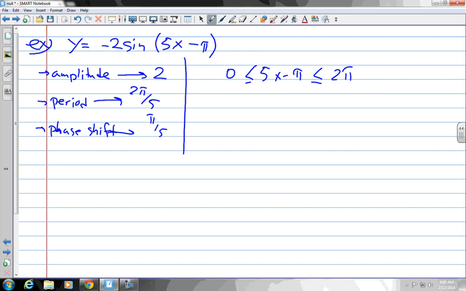And I'm just going to solve for x, right? So add pi all the way across. So this is pi, 5x, 3 pi, and then divide everything by 5.